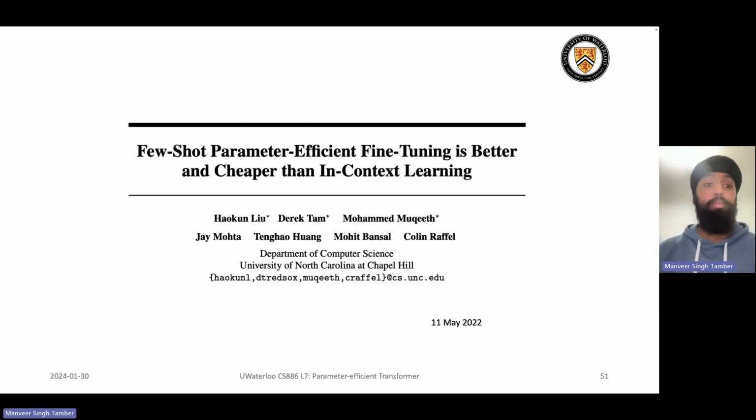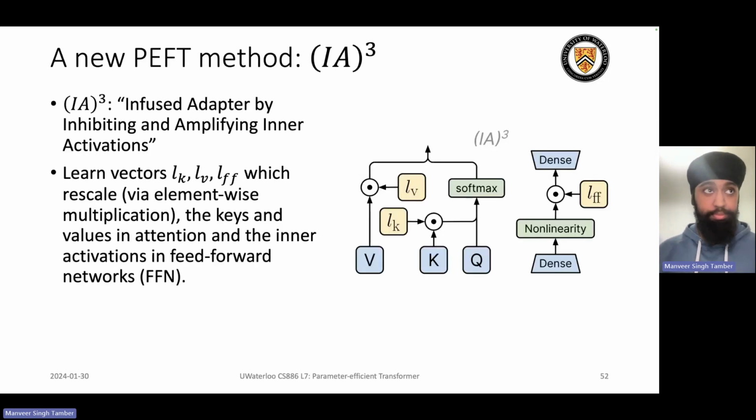I'll now move on to the second paper entitled Few-Shot Parameter-Efficient Fine-Tuning is Better and Cheaper Than In-Context Learning, where they introduce a new PEF method, IA cubed, that comes from this name. And the idea of the method is that they learn l sub k, l sub v, and l sub ff, which are vectors, with the task of rescaling via element-wise multiplication the keys and the values in attention, and the inner activations in feed-forward neural networks.